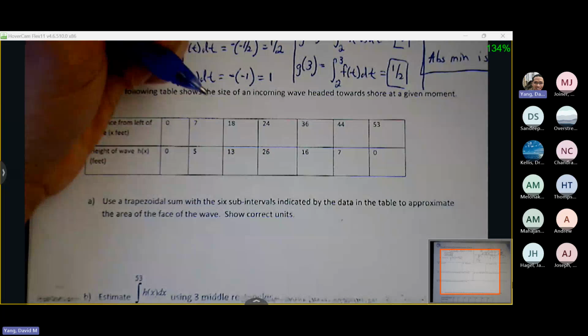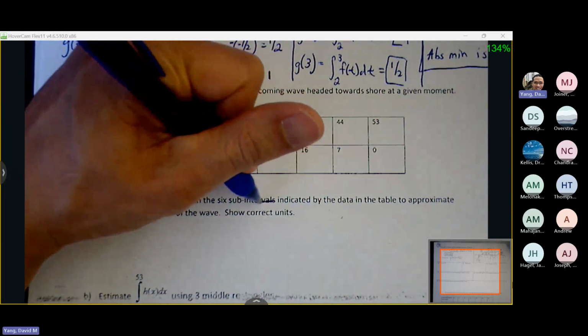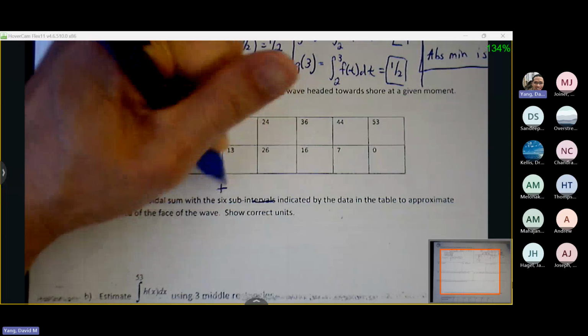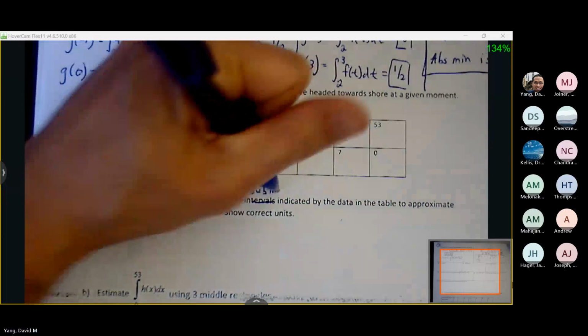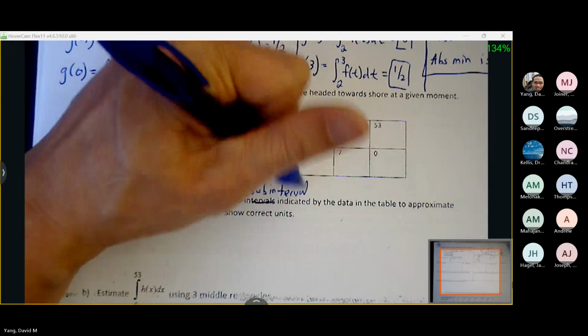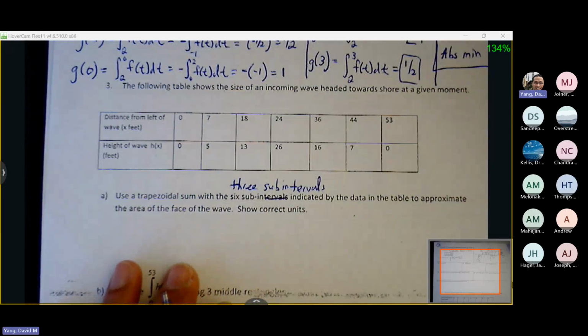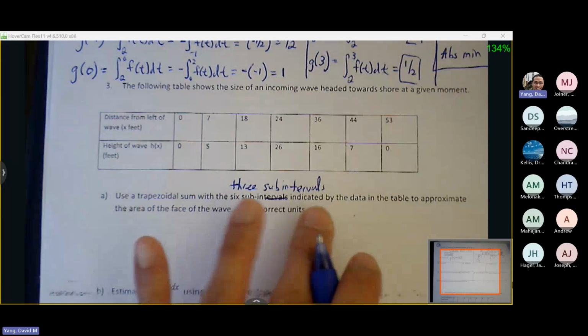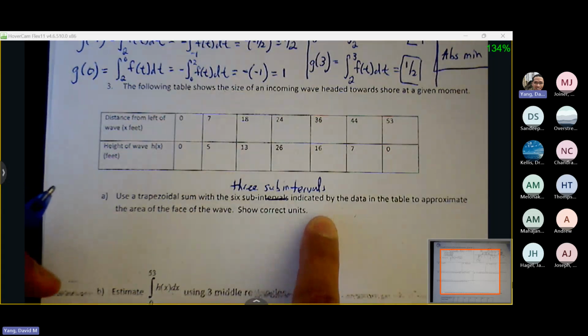Let me do 3 subintervals. There's something that I want to show you with 3 subintervals that can get lost with 6. So let's do 3 subintervals from 0 to 53.